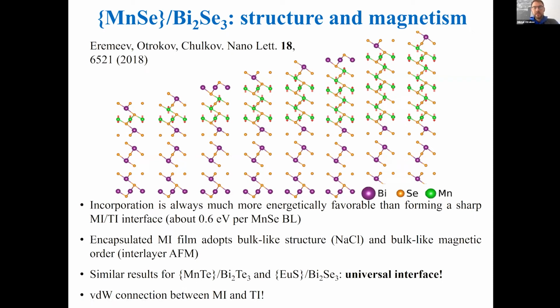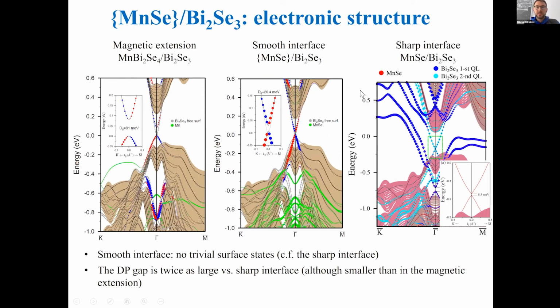Another funny thing is that the materials that have nothing to do with van der Waals bonding, manganese selenide, manganese telluride, and europium sulfide, appear to be somehow van der Waals connected to the topological insulator beneath, not directly, of course, but through these remnant bismuth and selenium layers. Nevertheless, this gives the smooth interfaces quite nice properties. For example, you do not have a strong interface potential, and you don't have trivial interface states. It looks like a magnetic extension, but the gap is smaller.